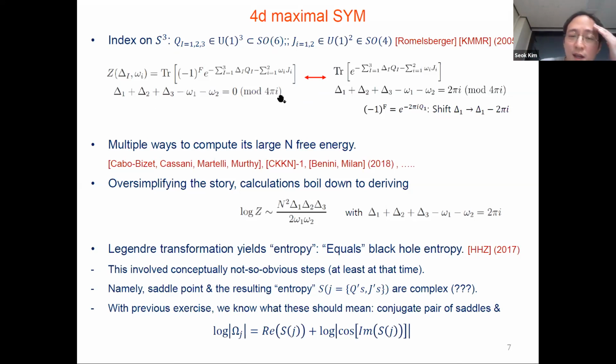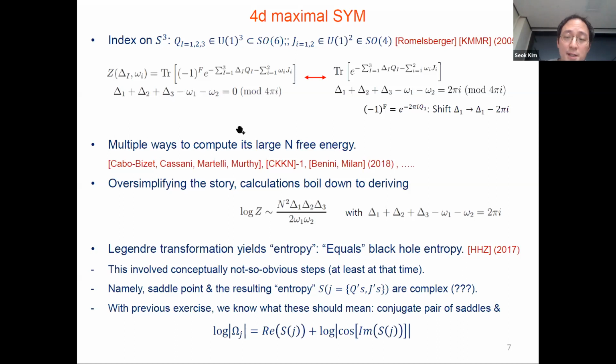Oh, sorry, before saying that, in order to make this an index, apparently you introduce 5 chemical potentials, but you have to demand this weight factor appearing in the trace to commute with the supersymmetry that is implicitly associated with this index and BPS states. So in order to fulfill that, you have to impose a linear relation of these 5 chemical potentials. Let's say this, okay? So that the independent chemical potentials that can be carried by the index is 4.